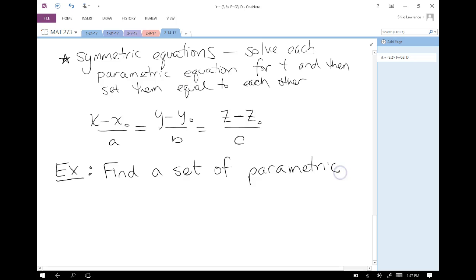All right, so this first one, we're going to find a set of parametric equations. This one's just going to be very easy and basic.